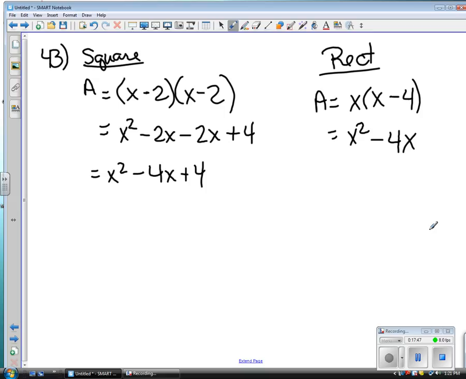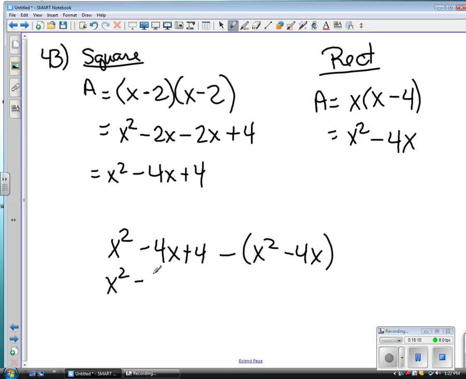Okay. And C says, what is the difference in the area between the two? How are you going to find that? How are you going to justify to me that it's 4? So difference tells me I'm going to subtract, so I'm going to start with one and I'm going to subtract the other.